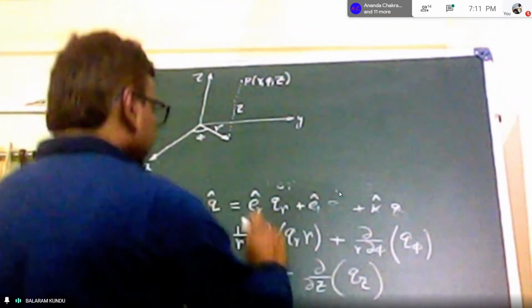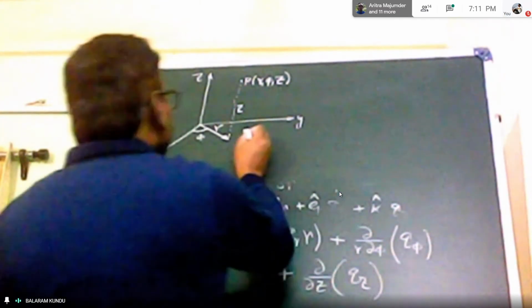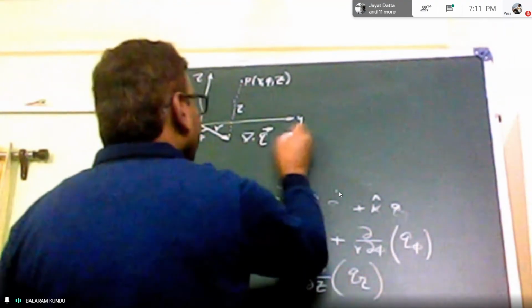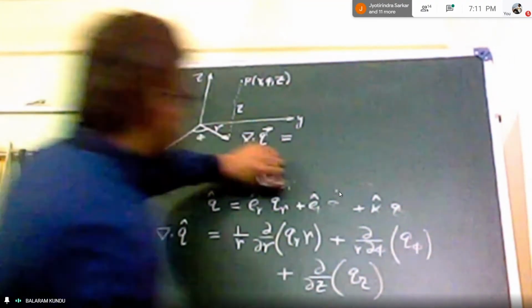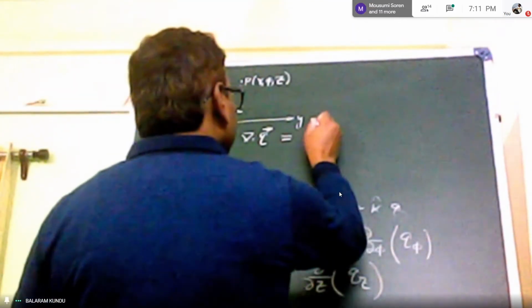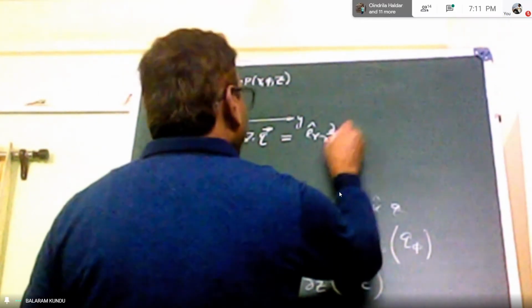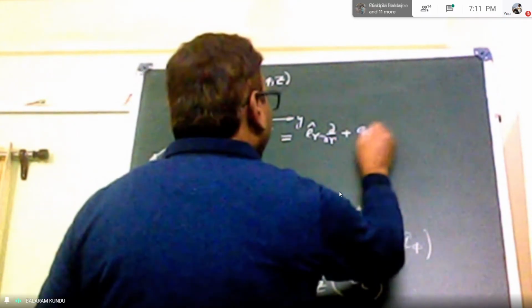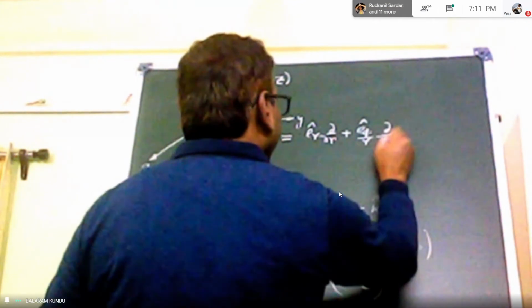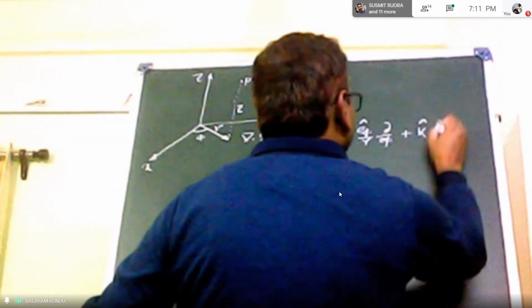So the grad expression, you already know it. We just want to expand these things. Grad dot q is equal to, here, the grad expression: er into del by del r plus e phi divided by r del by del phi plus k del by del z.